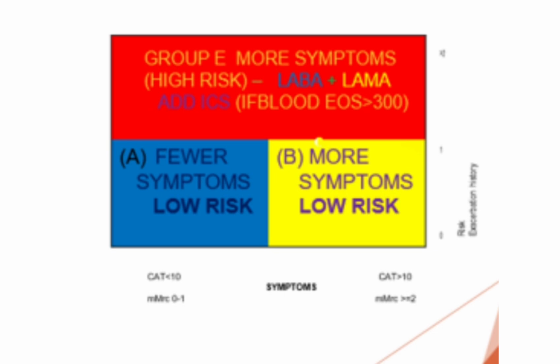Next is group E management. As we know, there are more symptoms, more hospitalizations. So the initial management is a LABA plus LAMA combination. LABA is long-acting beta-2 agonist and LAMA is long-acting muscarinic antagonist. Like we can use Anoro, Bevespi or Stiolto.